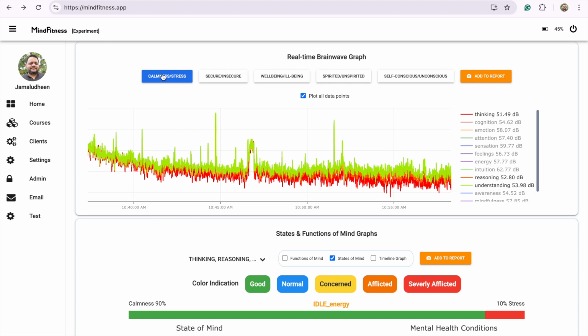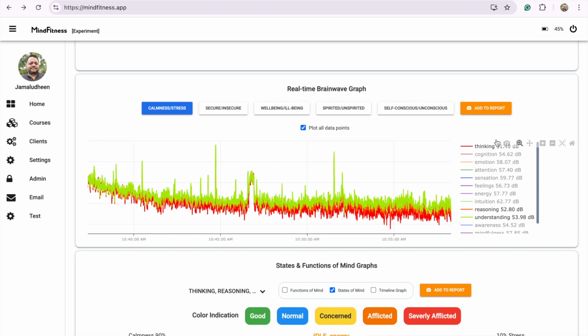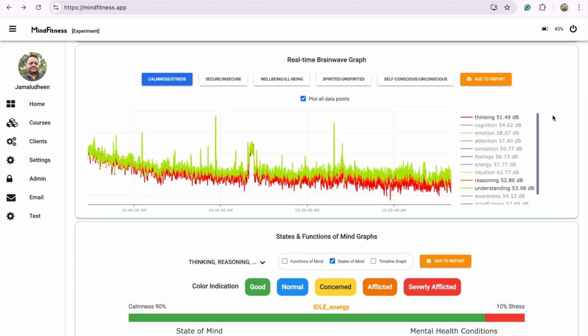Before that, the speciality of the MindFitness system is that you can see the brain waves classified according to your mind functions, not just alpha, beta, gamma. I was able to understand the brainwave frequencies associated with each mind function, and we have developed an algorithm to detect these brainwave frequencies and classify them in real time.